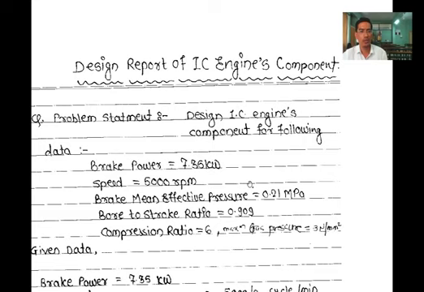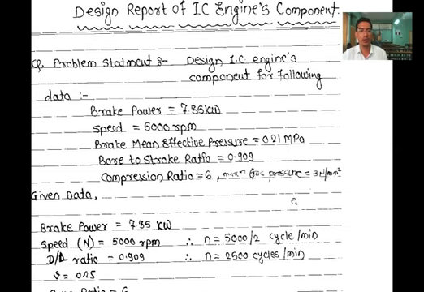The BMEP, that is the brake mean effective pressure, is 0.21 megapascal. The bore to stroke ratio is 0.909. The compression ratio CR is 6, and the maximum gas pressure is 3 Newton per millimeter square. For this given data, we are going to design the IC engine components.